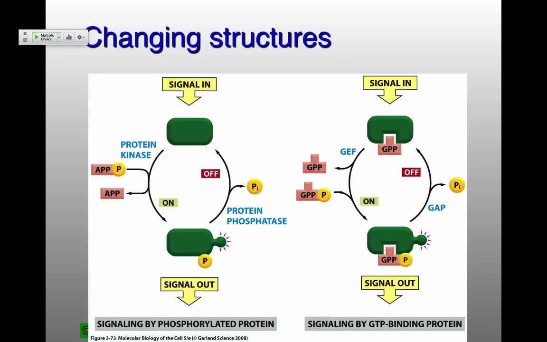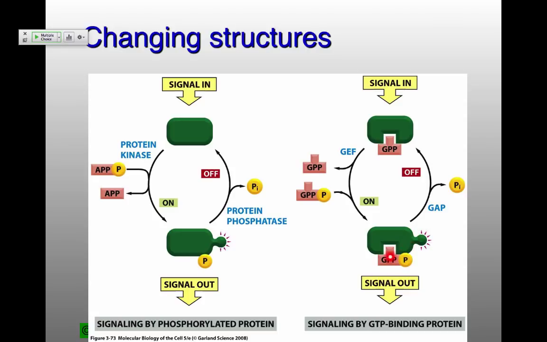Probably the other major form of this change in structure, change in function, has to do with what are so-called G proteins. G proteins, also known as GTP binding proteins or GTPases. These bind, not surprisingly, to guanosine triphosphate. The binding of guanosine triphosphate will change the structure of this protein, giving it some kind of other interaction, some kind of other signal.